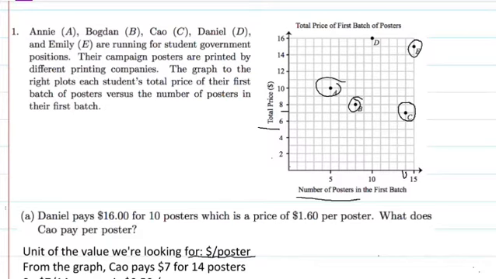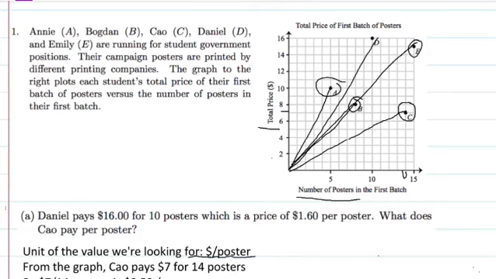So for Annie, the line is this, and for Bogdan, the line is here. For Tao, the line is here. For Daniel, the line is here. And finally, for Emily, the line is here.